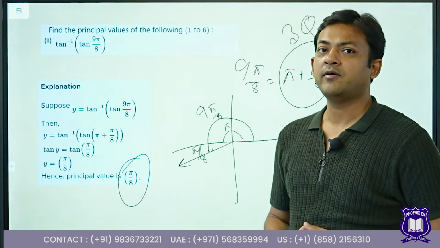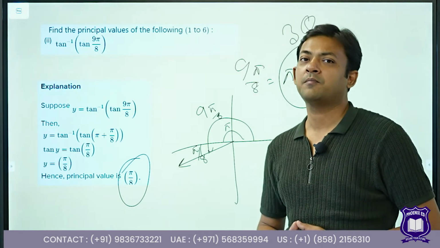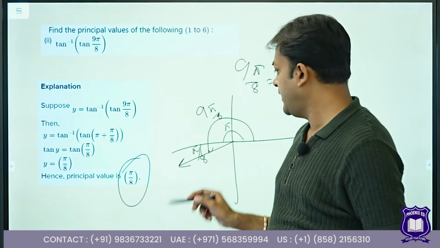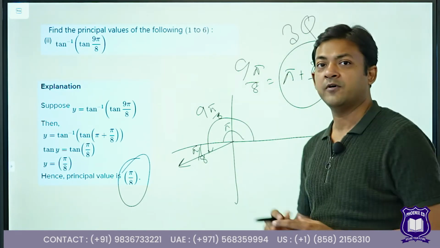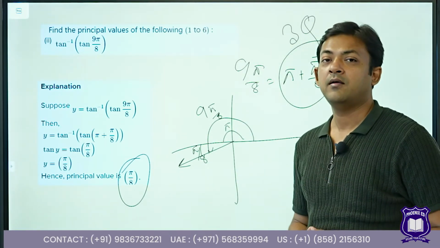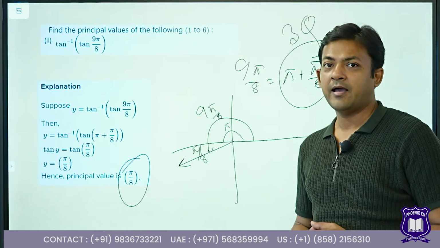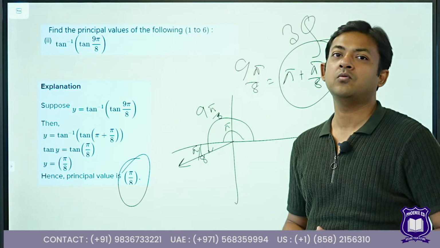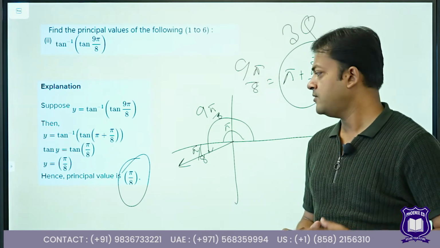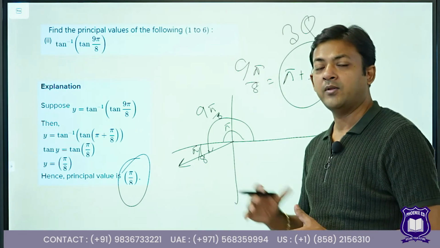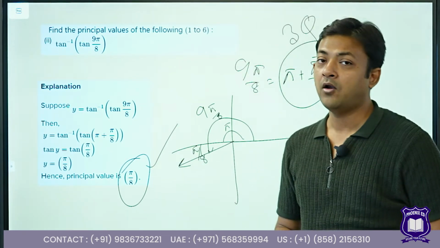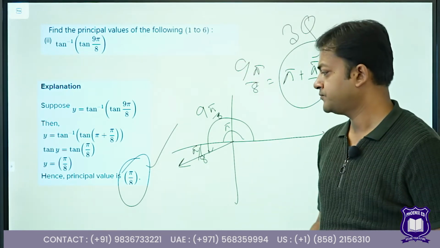We know that in quadrant 3 the value of tan theta is positive. In order to retain the positive value, we need to bring this angle back into the first quadrant, since the range of tan theta lies between minus 90 to plus 90, between minus pi by 2 to plus pi by 2. Hence, in order to retain the value in the first quadrant, our value will be only pi by 8 and not 9 pi by 8.